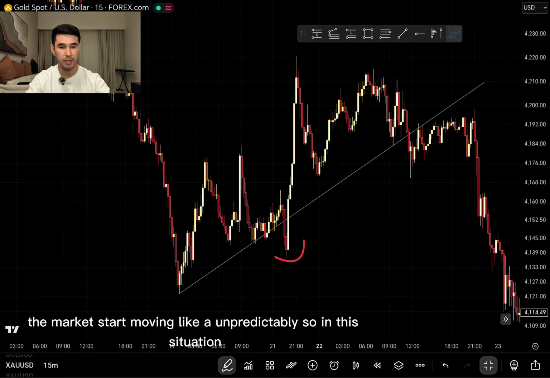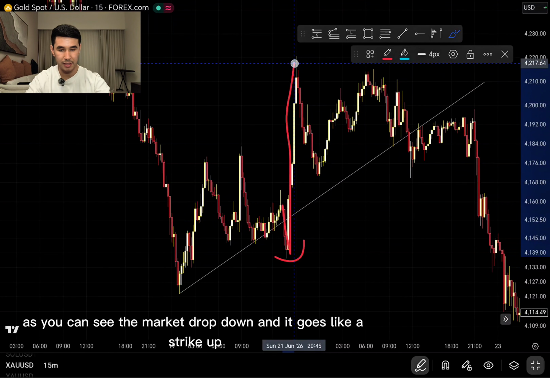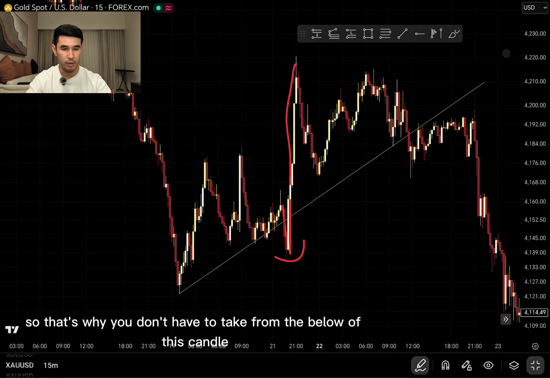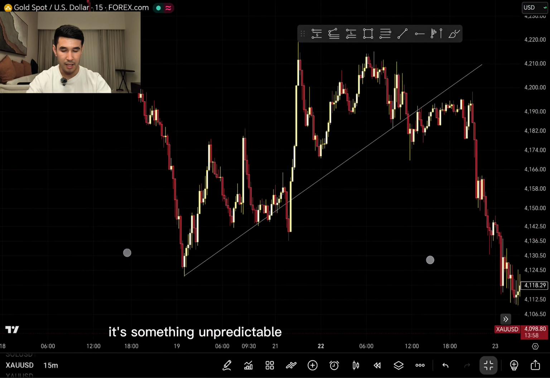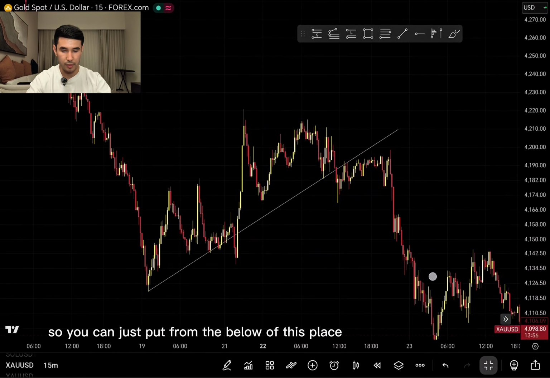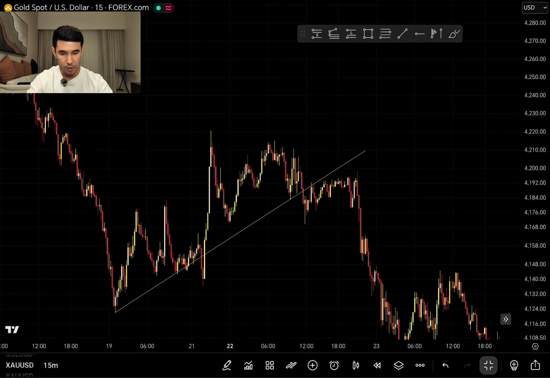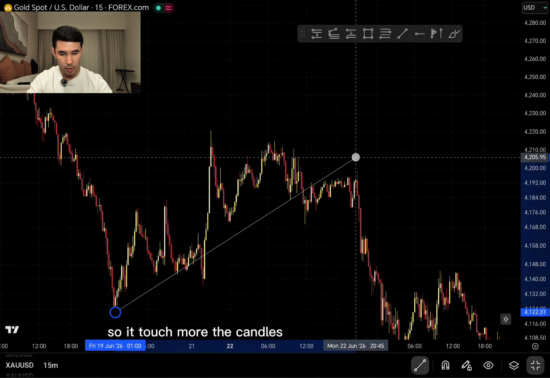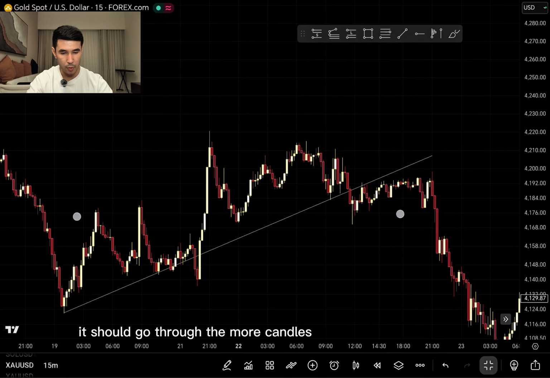In this situation, as you can see, the market dropped down and it shot up. So you don't have to take the value of this candle. It's something unpredictable. You can just put it from below this place, so it touches more candles. It should go through more candles.